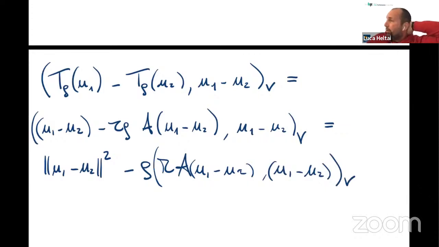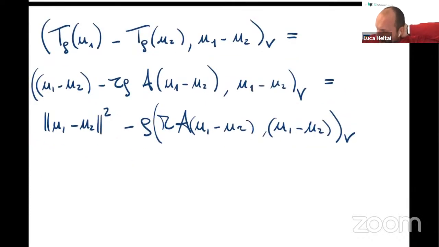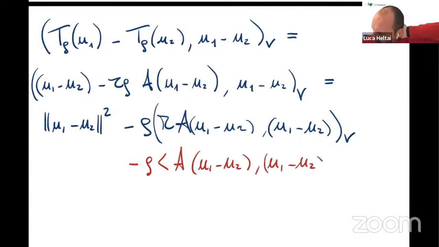And now we recall what this actually means. I just rewrite this with a different notation. This is minus rho, so rho is a number here. And what we are saying here is that this object is the same as writing A of U1 minus U2, comma, U1 minus U2.